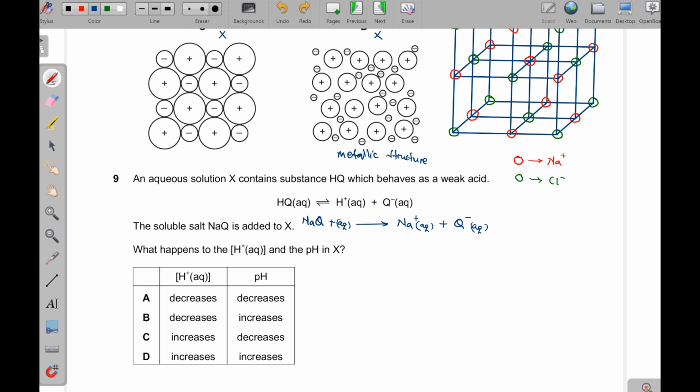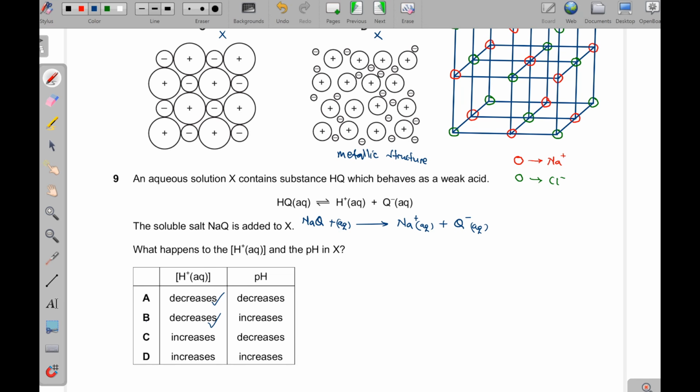So these Q ions are going to react with the hydrogen ions to form this ionized acid. So meaning the concentration of hydrogen ions is going to reduce. So that means I will look for decrease. Are we there?